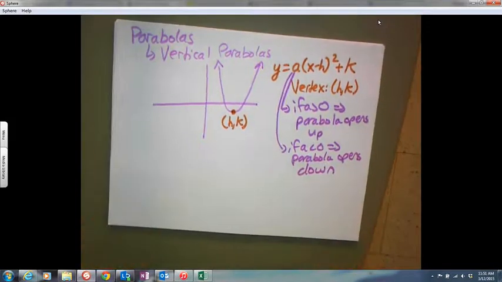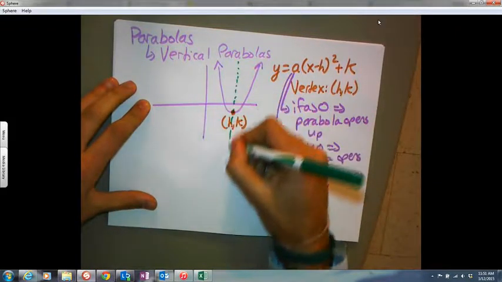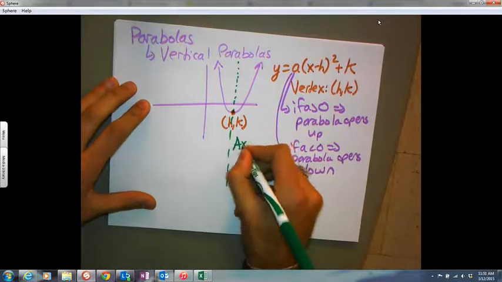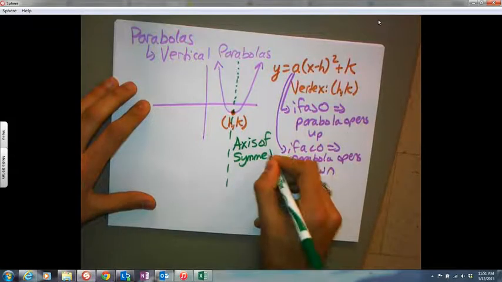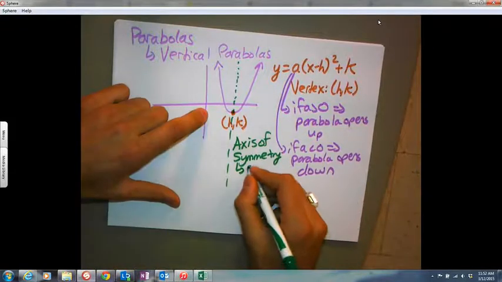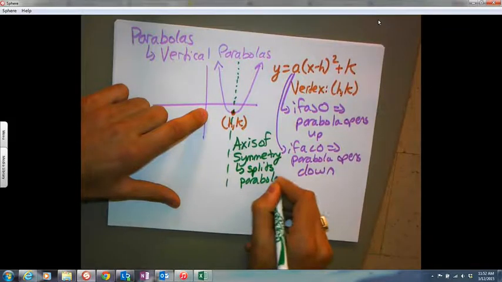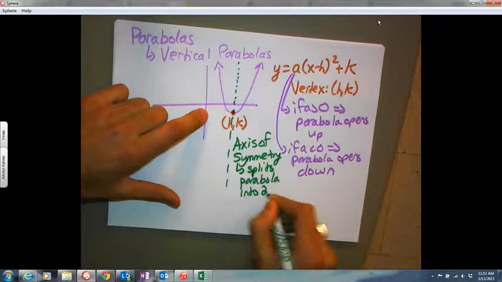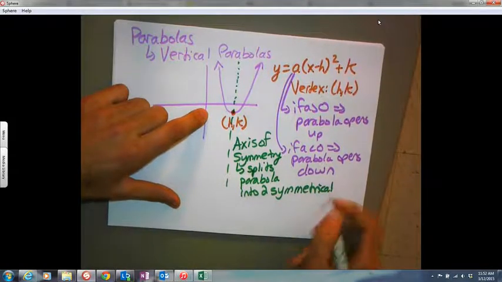Of course, parabolas also have what you all learned, Mr. Kurth, and we touched on briefly last semester, the axis of symmetry, which splits the parabola into two symmetrical pieces.